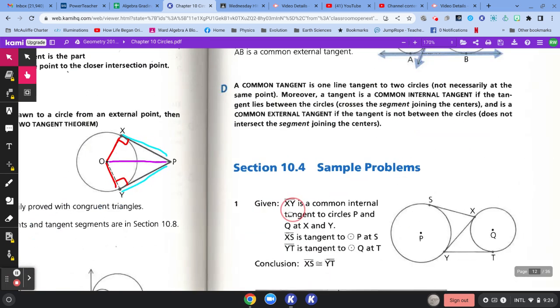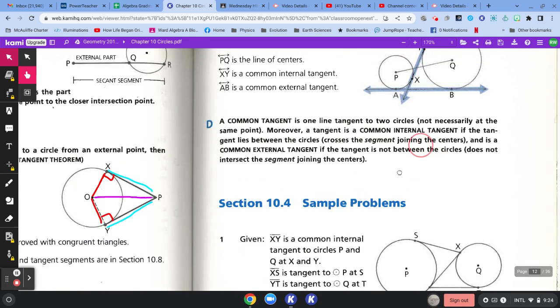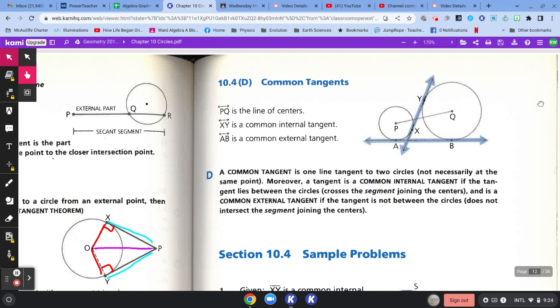All right, finally, let's take a look at Part D. Sometimes you have two circles that are not touching, and you have this thing called a common tangent. They could be touching, but they're not necessarily. So a common tangent is one line that's tangent to two circles, not necessarily at the same point.